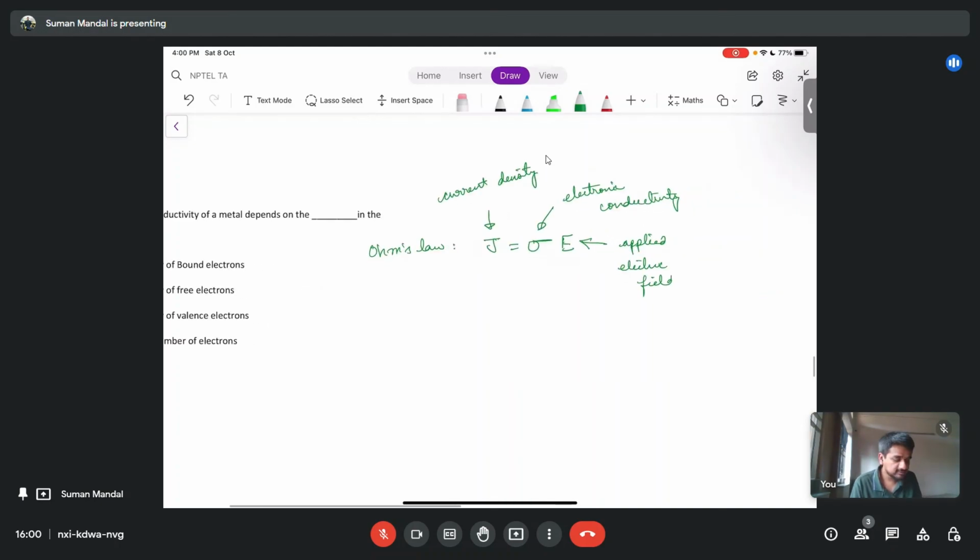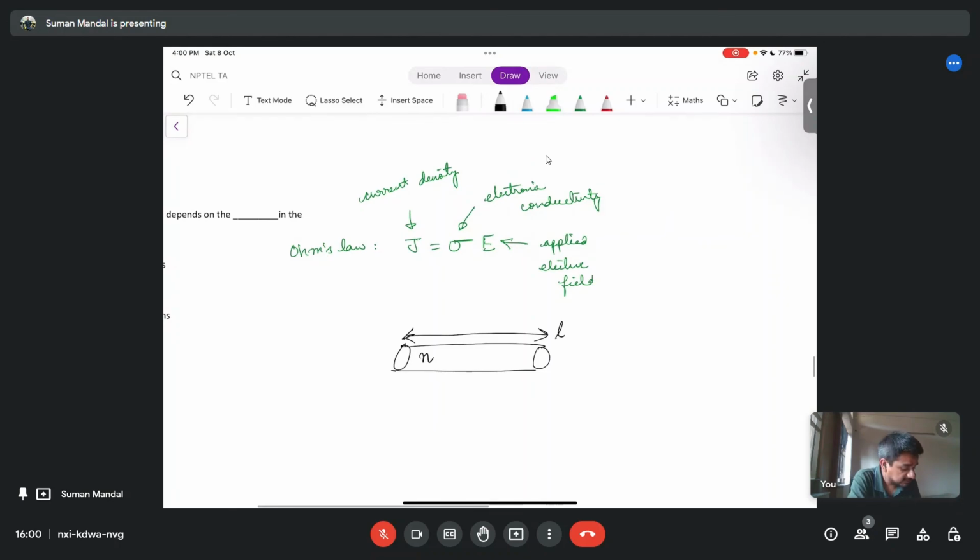Then we can also find another expression for current density. Let's say we have a wire, and the wire has a length L. Let N be the electron density, and let's say it takes time t for an electron to move from here to here. That is the time taken.